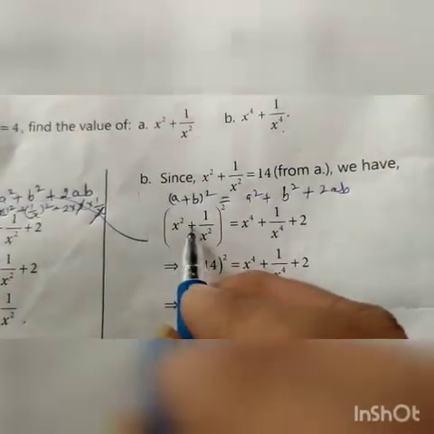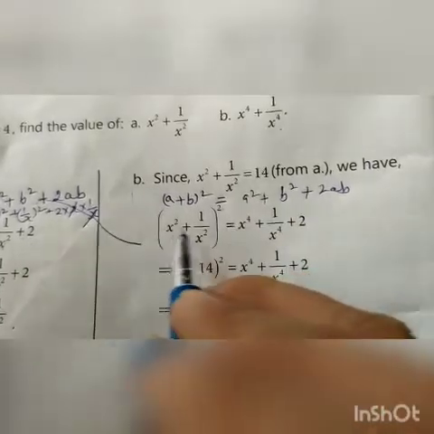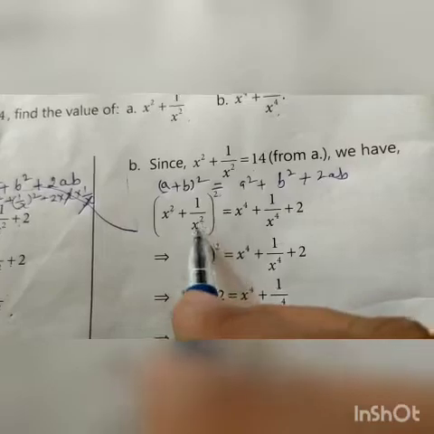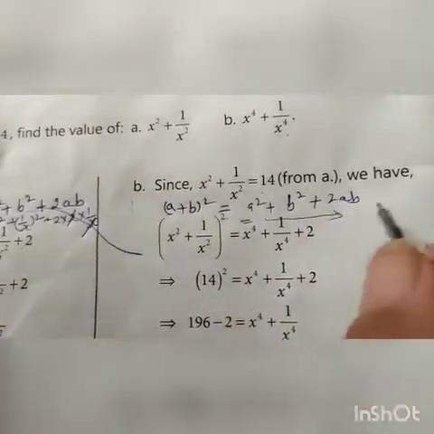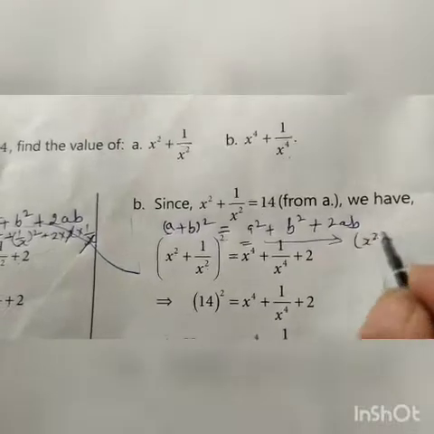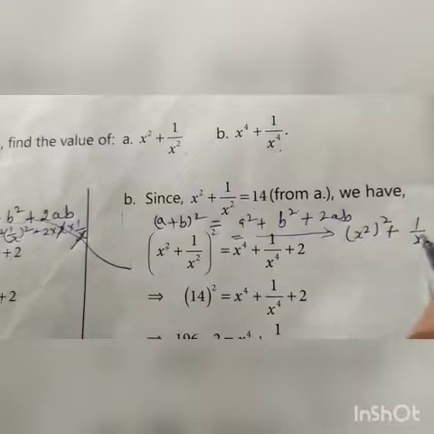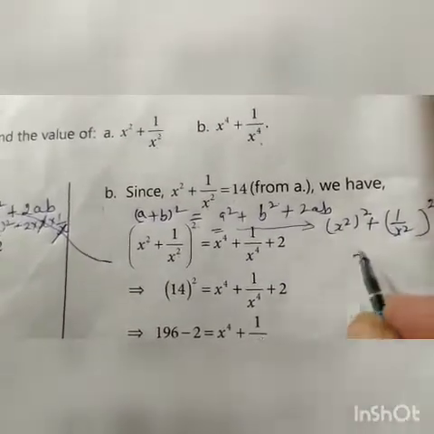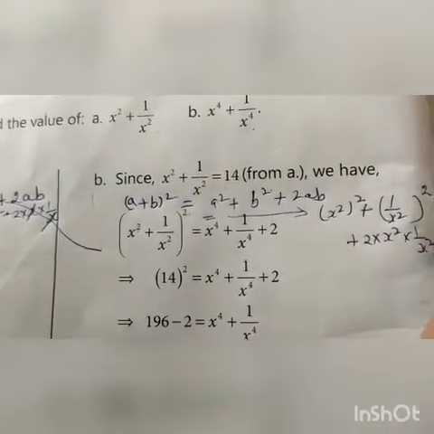Then x square plus 1 upon x square whole square is equal to. Now the value of a is x square and the value of b is 1 upon x square. So in place of a square it will become x square whole square, plus b square will become 1 upon x square whole square, then plus 2ab it will become plus 2 multiply x square multiply 1 upon x square.